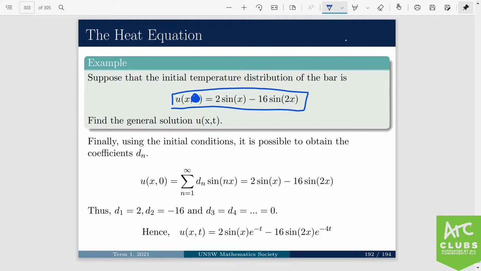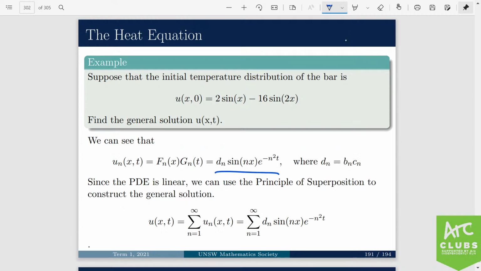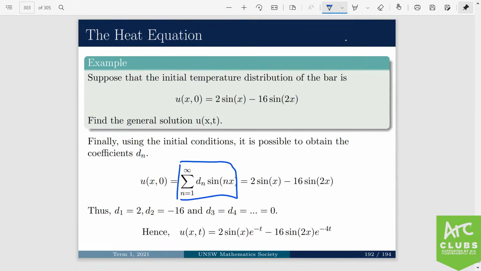So it says at time equal to 0, this is our temperature distribution of the bar. Now this helps us find it. If we equate what we've already found for u of x and t, and we take the time at 0, you can see there was an exponential here, but because we've considered the time at 0, we get rid of that exponential, and we have this equation here.